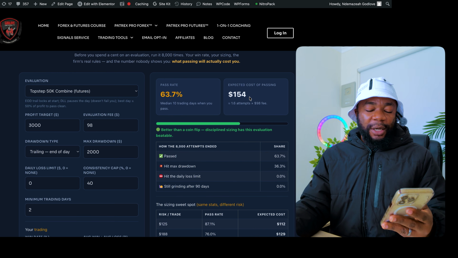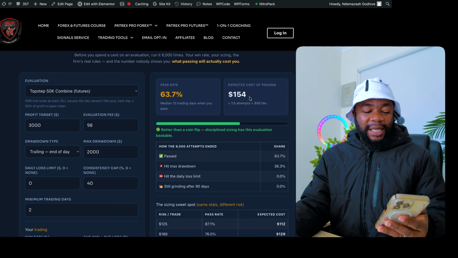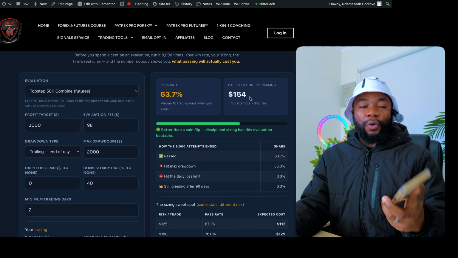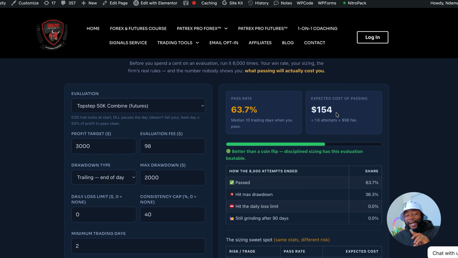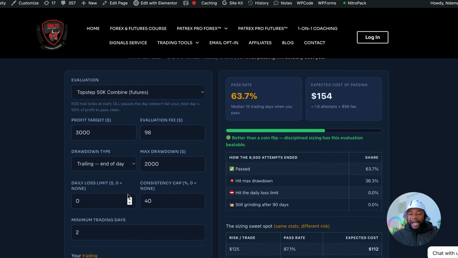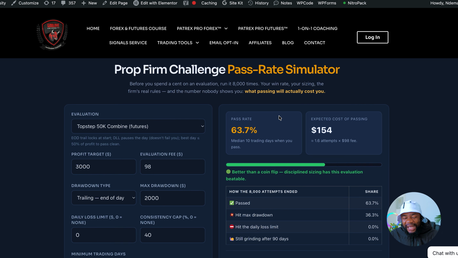But how much did you spend on all those 10 accounts? $154 times 10. You only spend $1,540 to buy those 10 challenges. And with this calculation, with this prop firm challenge pass rate simulator, you can easily come out with an $8,000 payout from the accounts that are left.